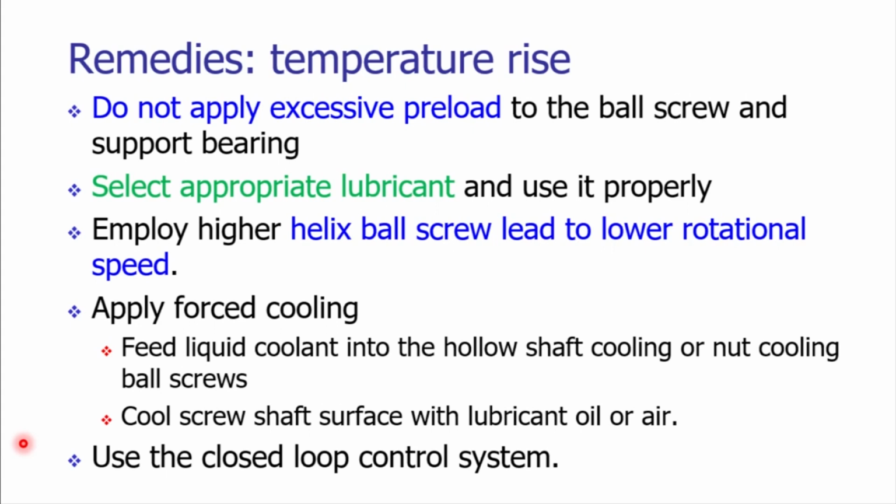We can even control the temperature rise by using closed loop control systems. As I mentioned, the input from the sensors can be utilized to adjust the process parameters, to adjust the speed of the rotation of the ball screw to avoid further inaccuracies in the product.